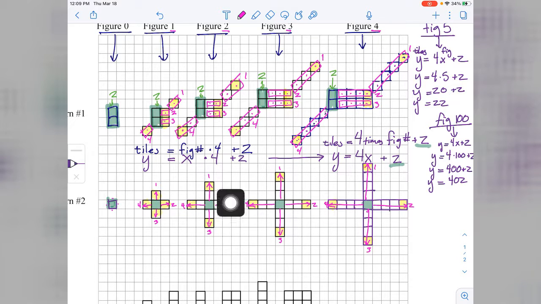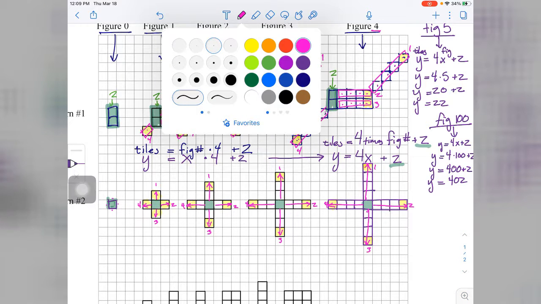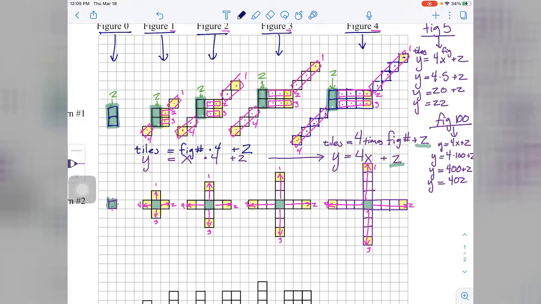That forgets about this middle tile here, so we have to remember the middle tile. In this one, if I wanted to know how many tiles there were, I would say the tiles equal the figure number times 4, just like I did last time, plus, but this time, the starting amount is only 1. It just starts with 1.